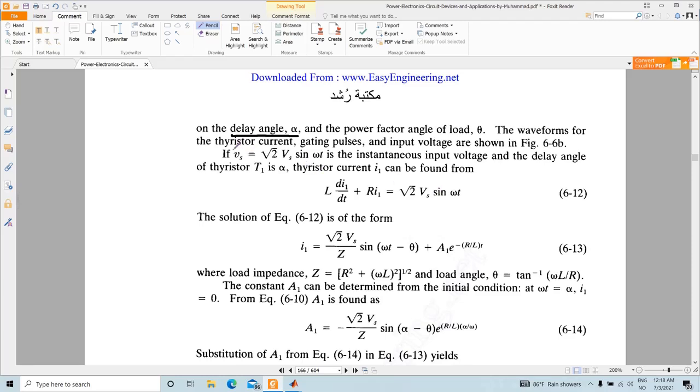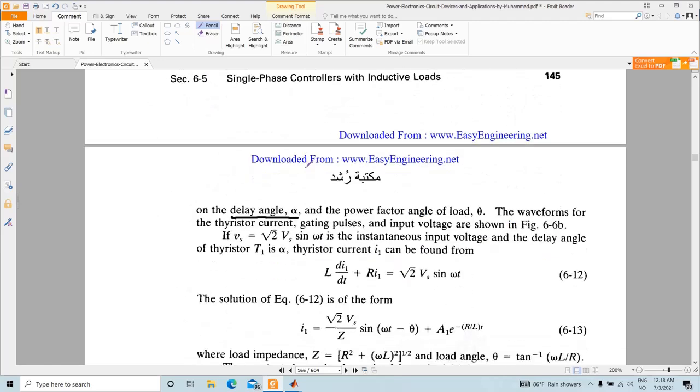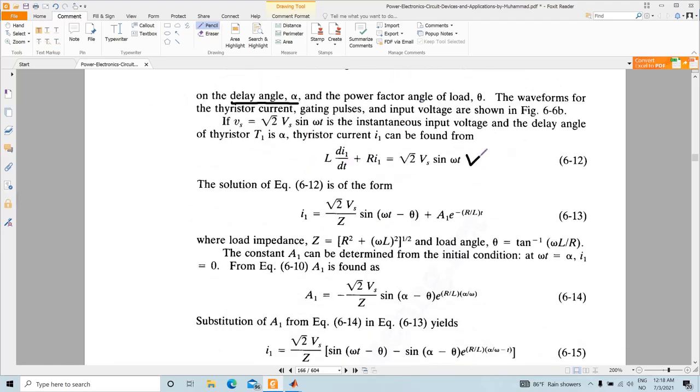So if our Vs, or the input voltage, is √2 Vs sin omega t, then the current in the thyristor can be written as L di/dt plus Ri. Once this thyristor T1 is on, if you apply KVL, then your input voltage is equal to Ri plus L di/dt. So you get an equation like this.